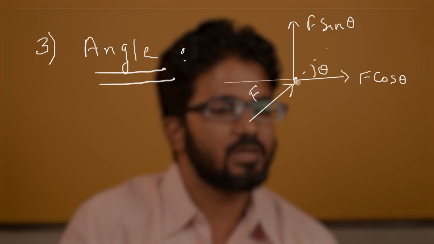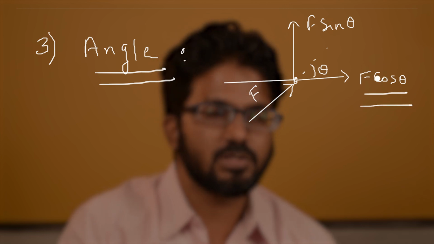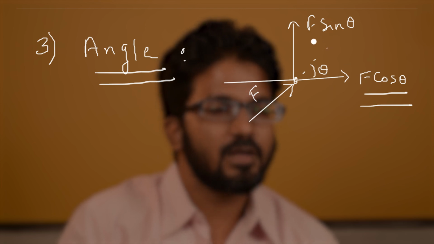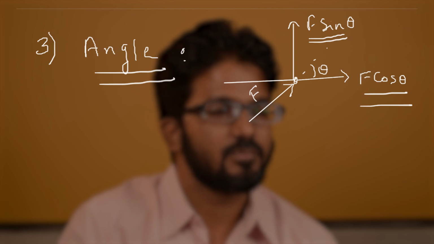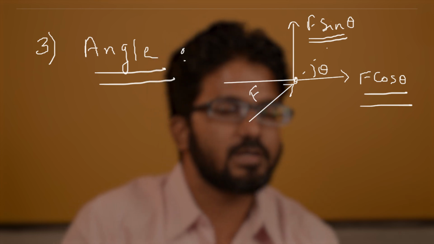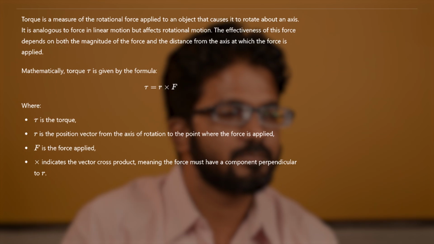If the force is applied at some angle, the horizontal part will not produce any torque. So not all components of force produce the turning effect. Only the vertical part will produce the turning effect, or torque. So not only force, its components are responsible for the turning effect in any rotation.